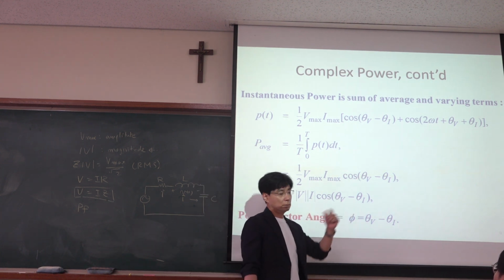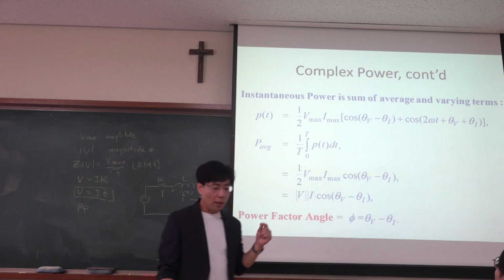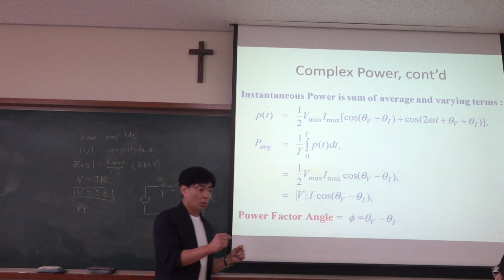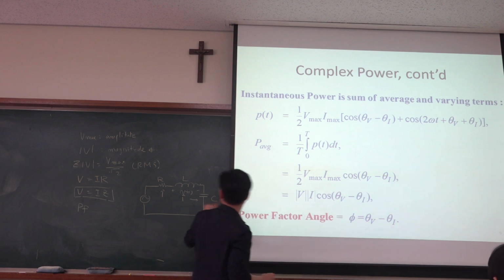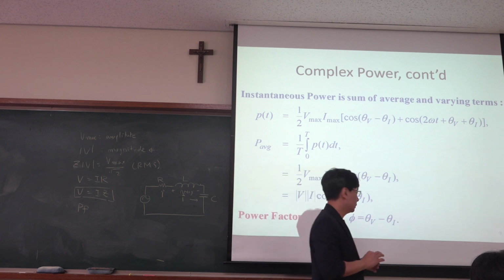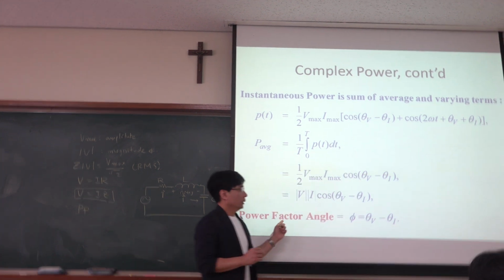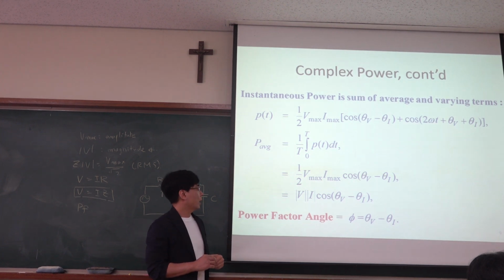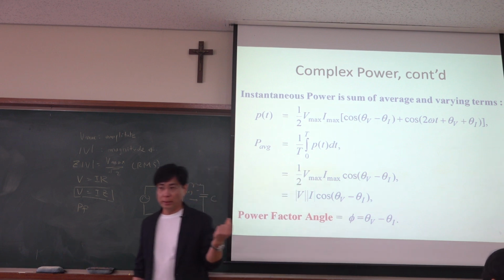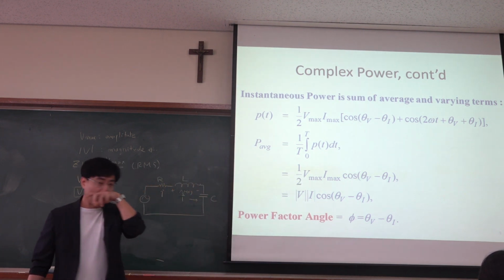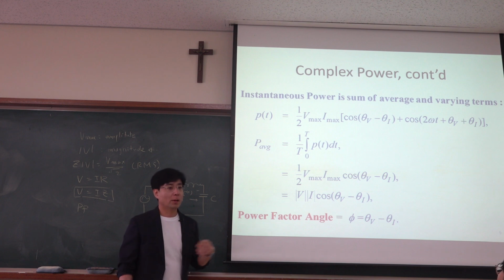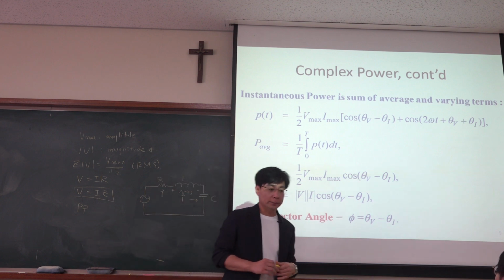But sometimes this angle increases, usually when we add an inductive load. Shortly I will talk about how we can make this angle as close to 0 as possible. That is called power factor correction. We want to maintain this power factor as close to 1 as possible. Otherwise, it is not easy to deliver real power.